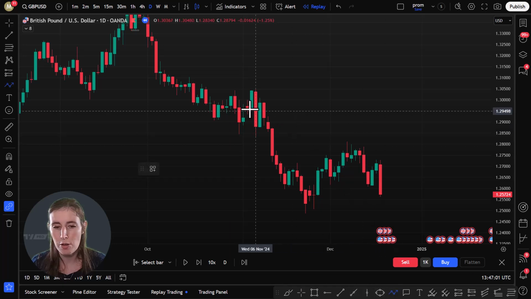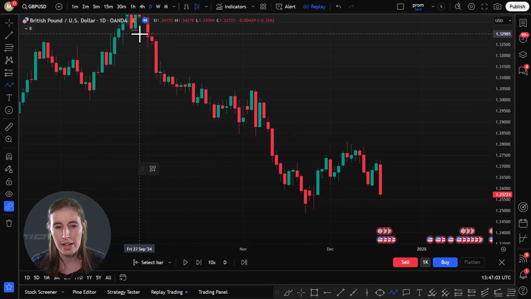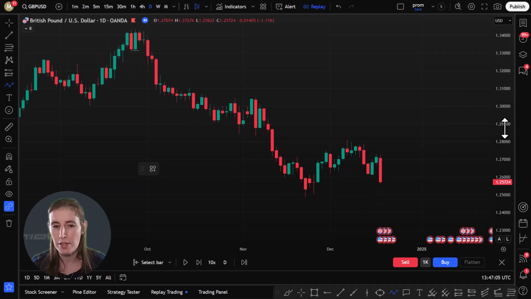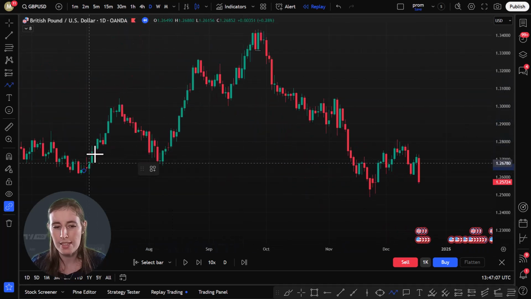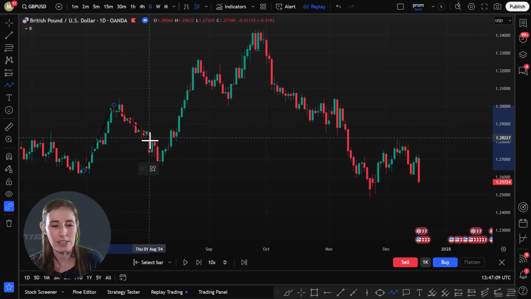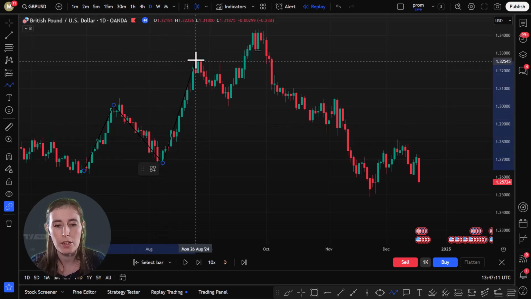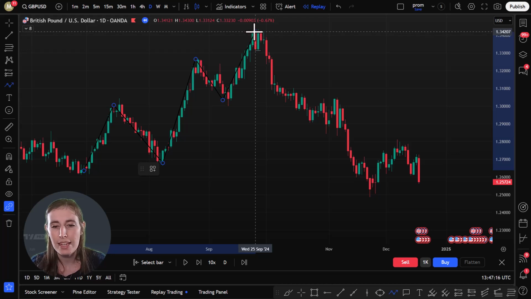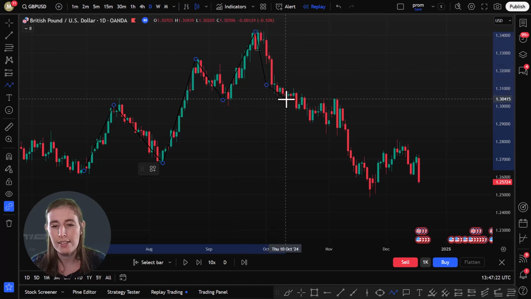So let's just go back to where we had a little change in behavior here, because if we scroll back, we can see very, very clearly, looking at the peaks only, the price was going good, an uptrend. It was making higher highs, higher lows. It made a peak here, a high, before it came down. It didn't break this low, it didn't break this high. It consolidated until it did indeed break this low.